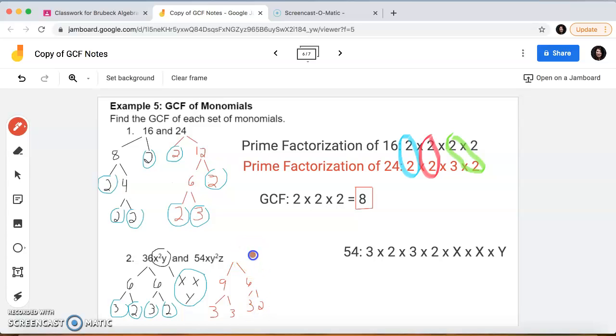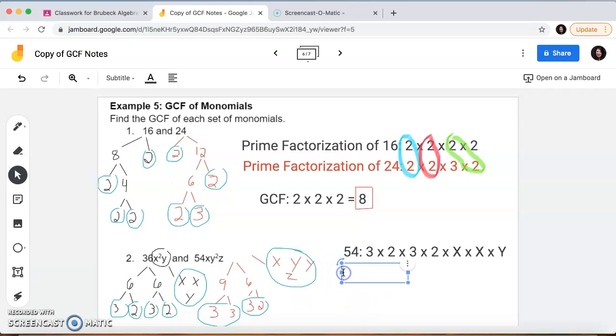And then we've got an X. We've got 2 Y's. And we have a Z. So our factors are going to be 3 times 3 times 3 times 2 times x times y times z. So that is our breakdown for 54.